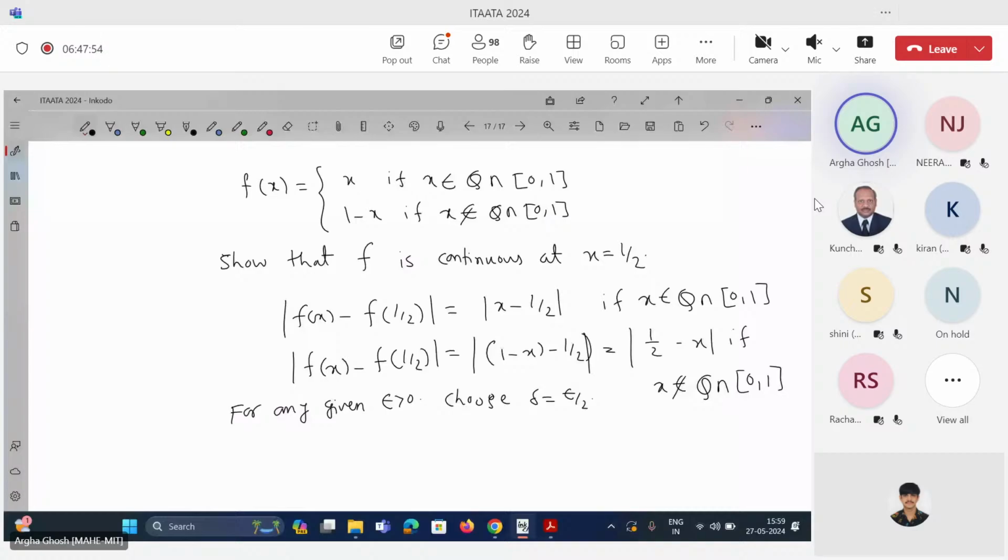And therefore |f(x) minus f(half)| is less than epsilon. So that's how we got that f is continuous at the point half. Okay. Is it clear? After this point, you just need to choose whatever epsilon you can choose, delta equals epsilon by 2.